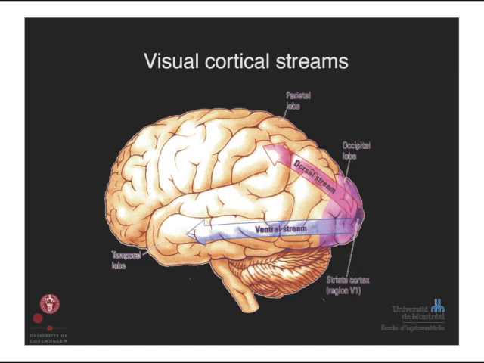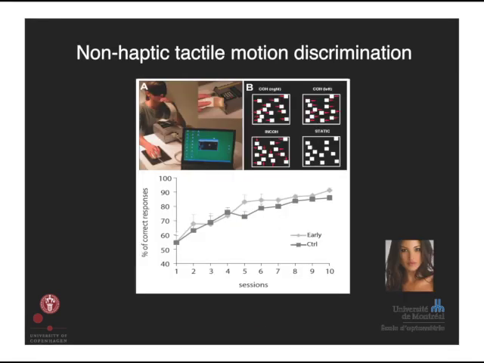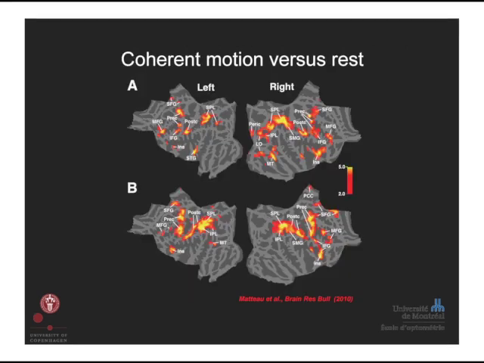And we did a task here where we showed coherent movements, so all the dots were moving in one direction, left and right, and incoherent motion. We trained the subjects first, and we show here that the blind group also can do the task very well.